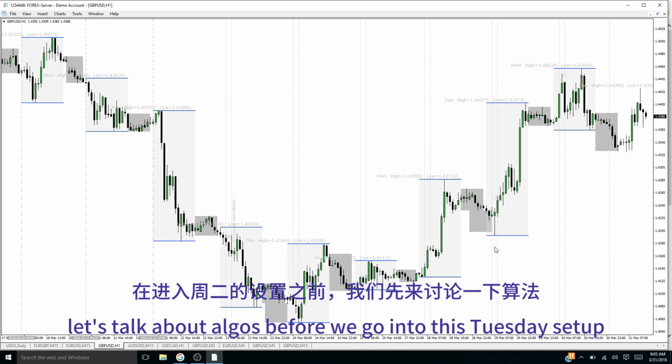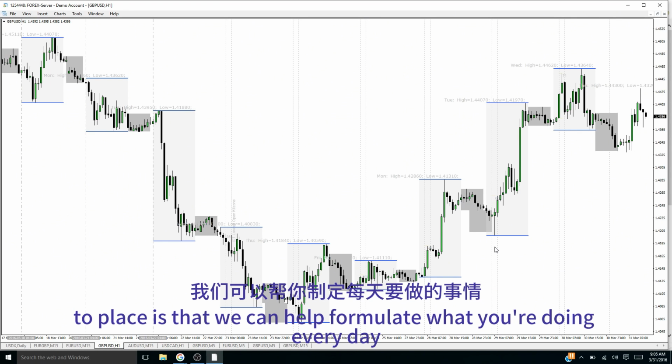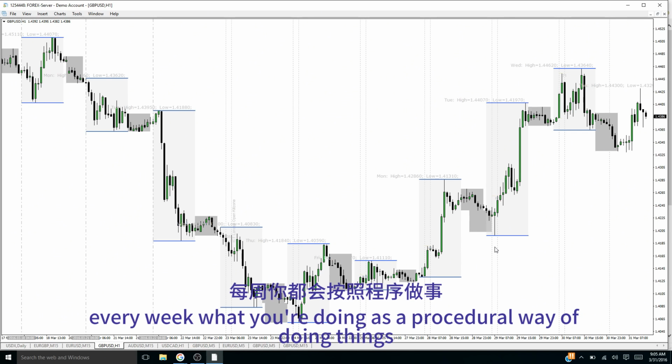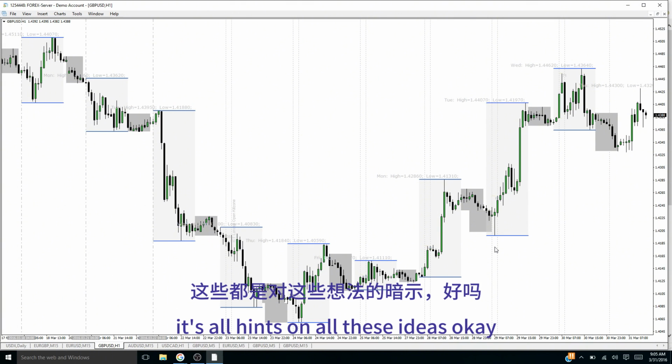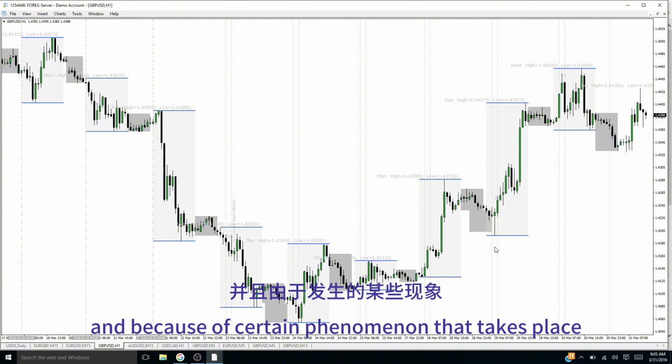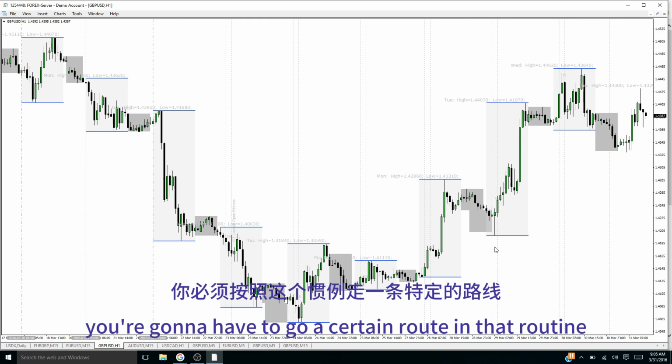So let's talk about algos before we go into this Tuesday setup that took place, so that we can help formulate what you're doing every day, every week, what you're doing as a procedural way of doing things, because everybody's asking for, give me a way to do this consistently. It's all hinged on all these ideas, okay? And because of certain phenomena that take place, you're going to have to go a certain route in that routine.